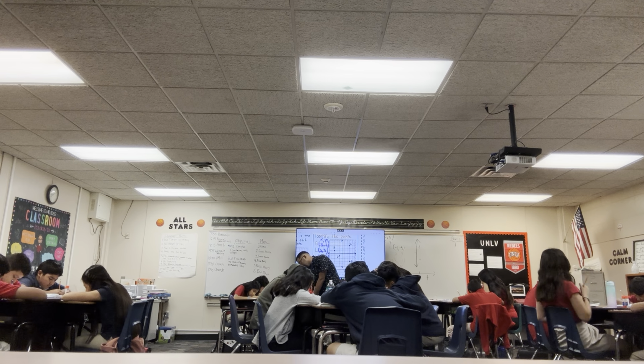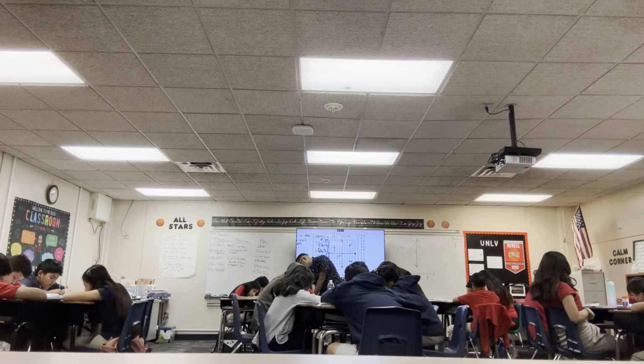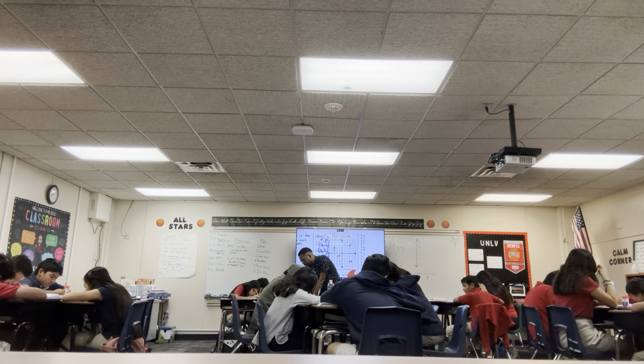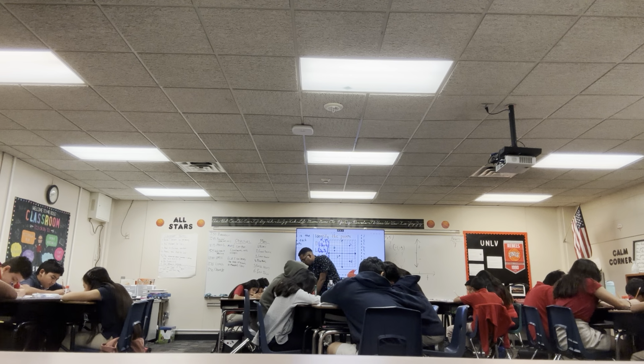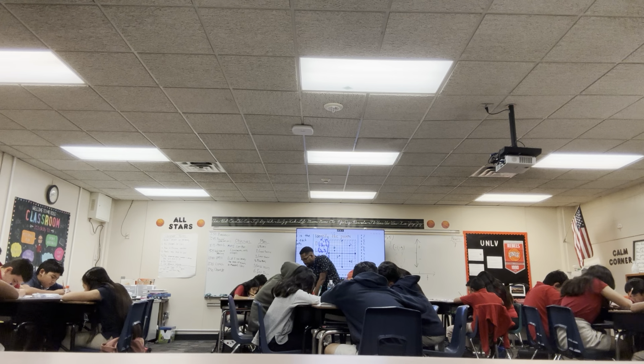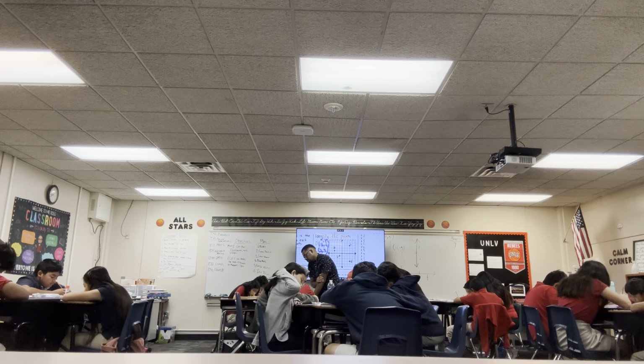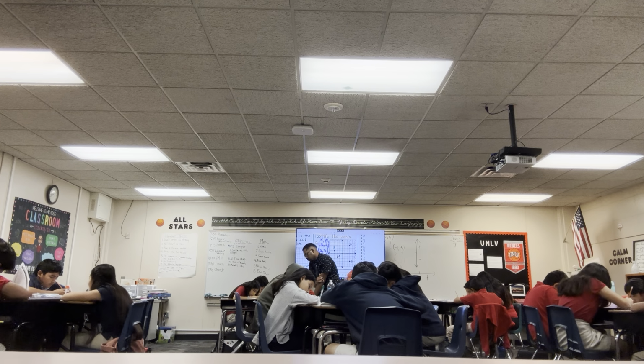Let's try the next one while I'm still here. So, here's your J. Let's show J. So, is that my X or my Y? X. Okay, so am I going to go left or right? And how did you know you were going to go right? It's a positive sign.